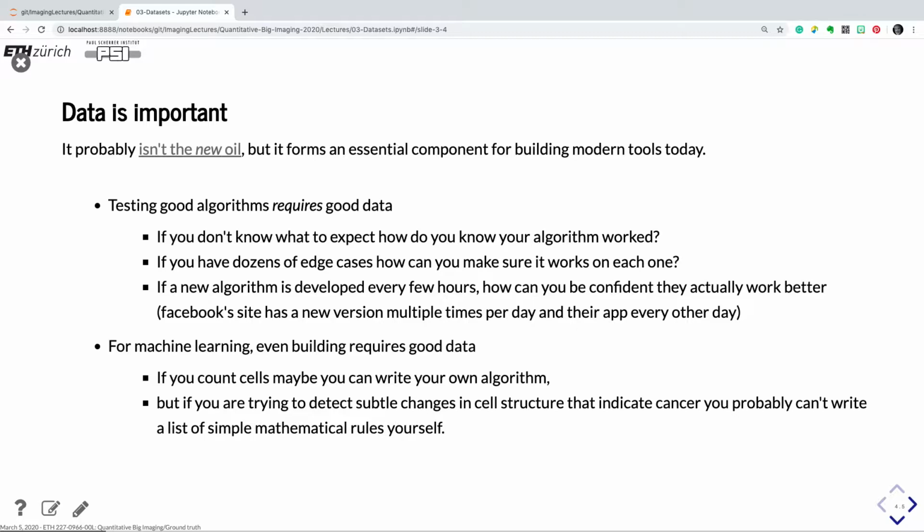But if you, on the other hand, have data, you can share it. You can distribute it across the globe as much as you like, and as many people as want to use it. Data is very portable, and you can do whatever you want with it once you have it.